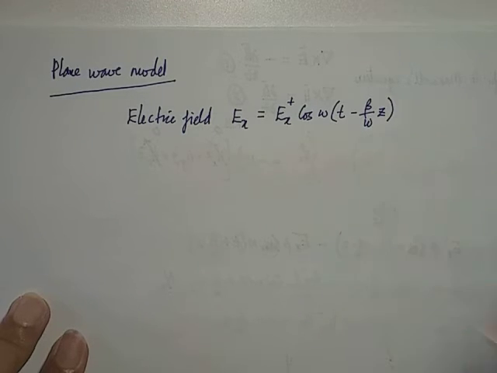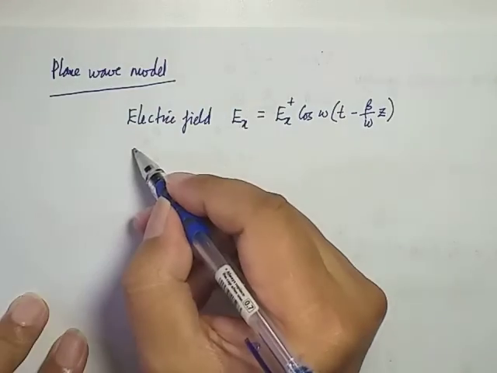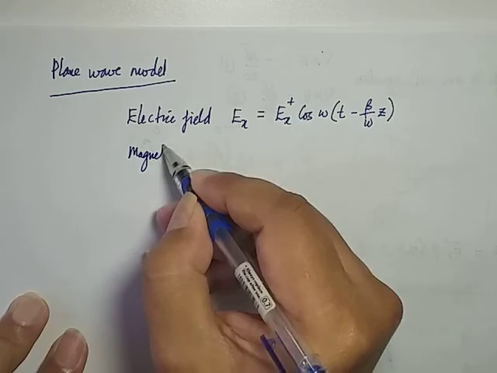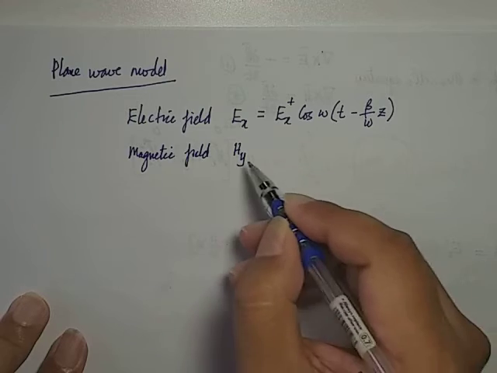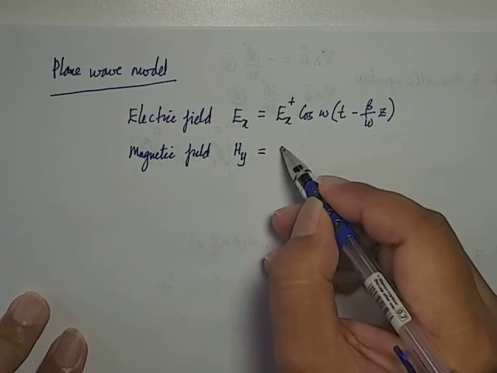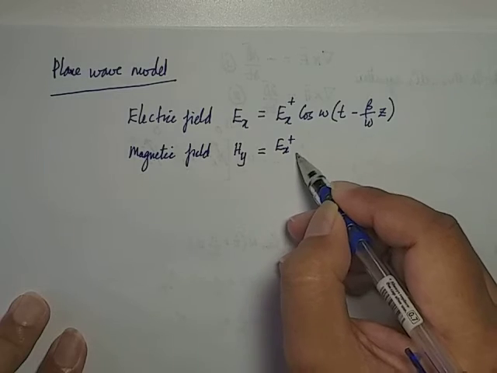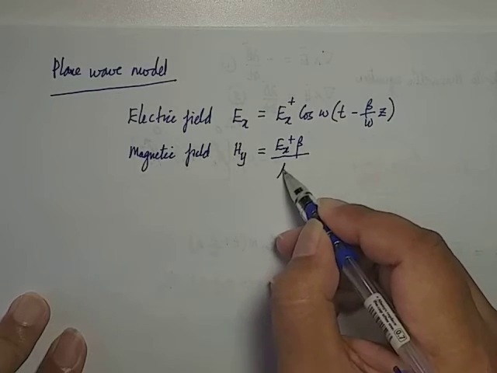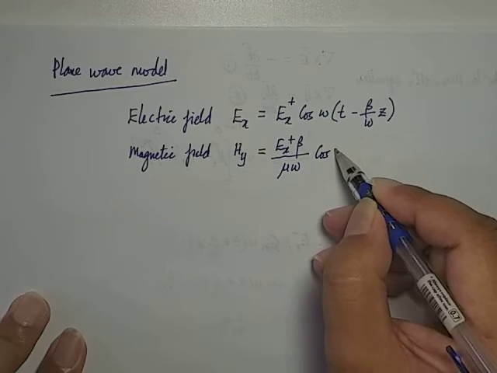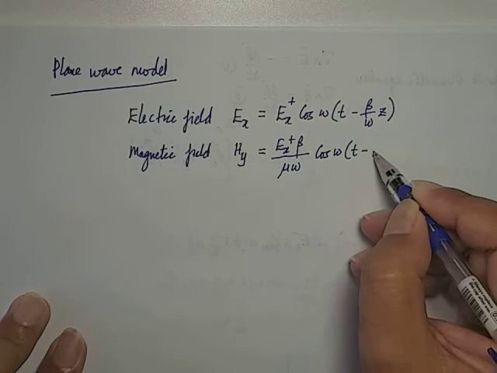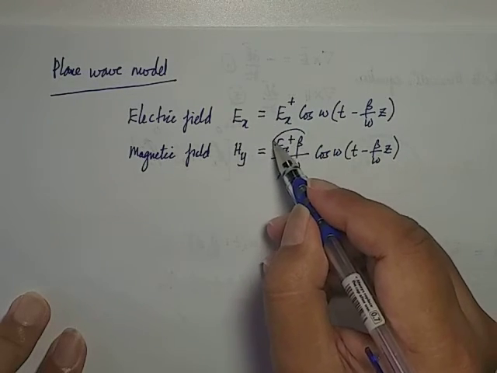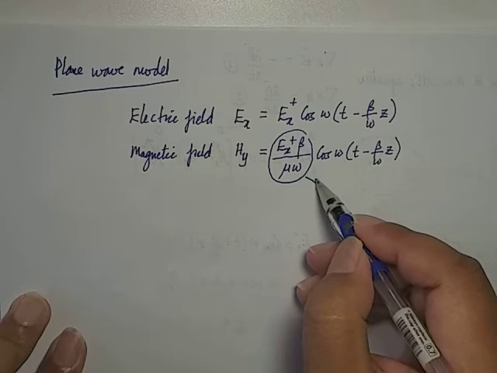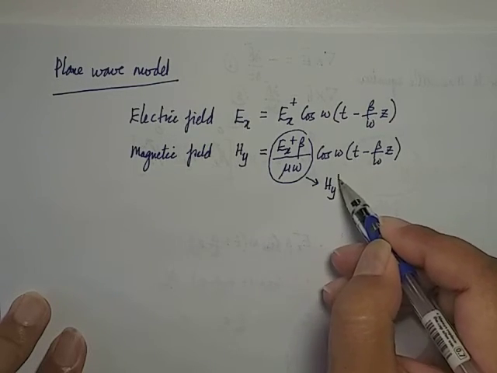That should be our solution. I'm just focusing on the one direction. The corresponding magnetic field, which we have proved, is Hy. You see, it's no more Hx. Hy is equal to Ex positive beta over mu omega cos omega t minus beta over omega z, whereby we can state that this term can also be known as Hy positive.